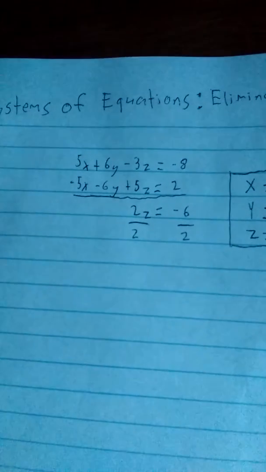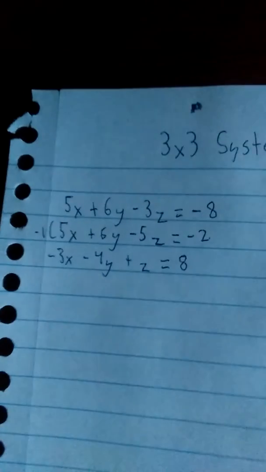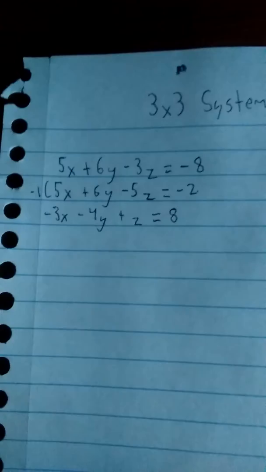And now let's go into the second step. So going back to our original equations here, I used these two for our first step. So for the second step, you want to use the equation that you didn't use first.